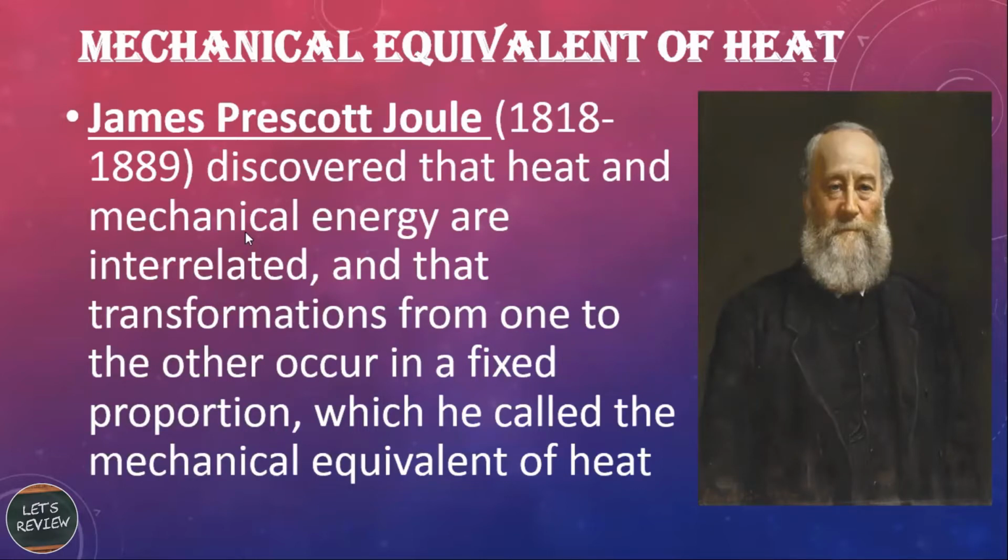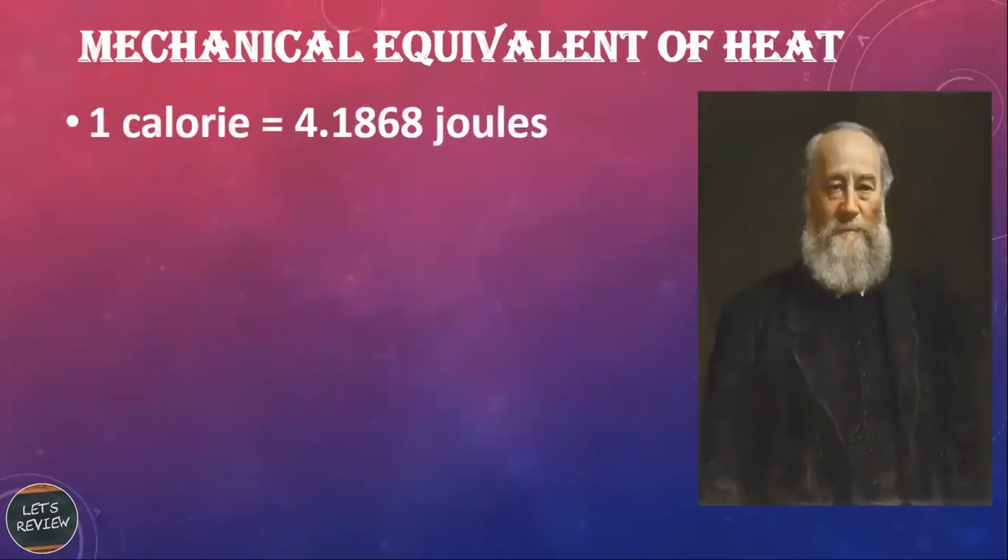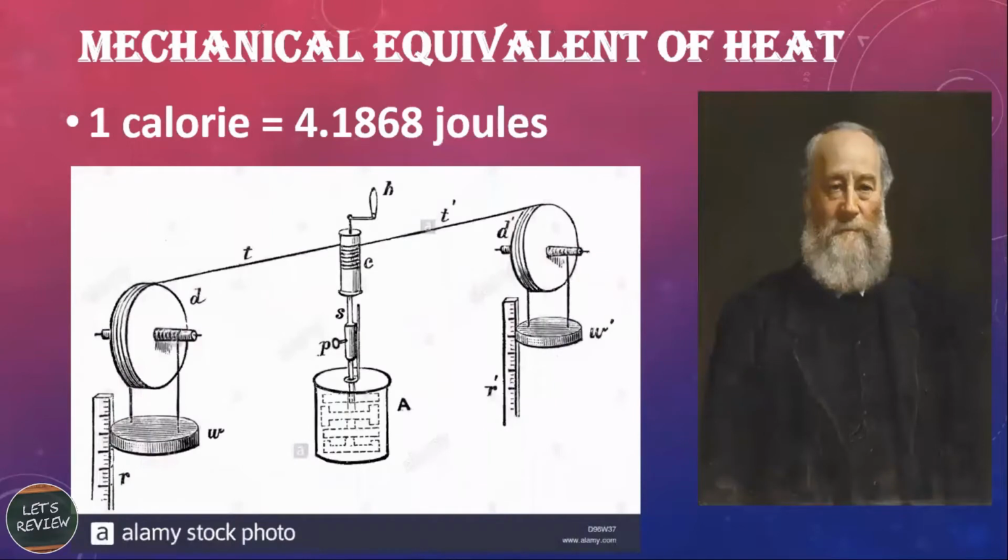He discovered that heat and mechanical energy are interrelated and that transformations from one to the other occur in a fixed proportion, which he called the mechanical equivalent of heat. According to him, 1 calorie is equivalent to 4.1868 joules. Calorie is the unit for heat.